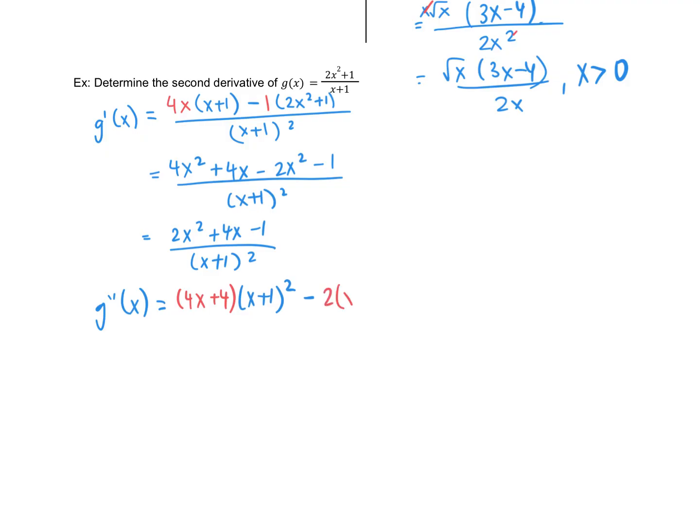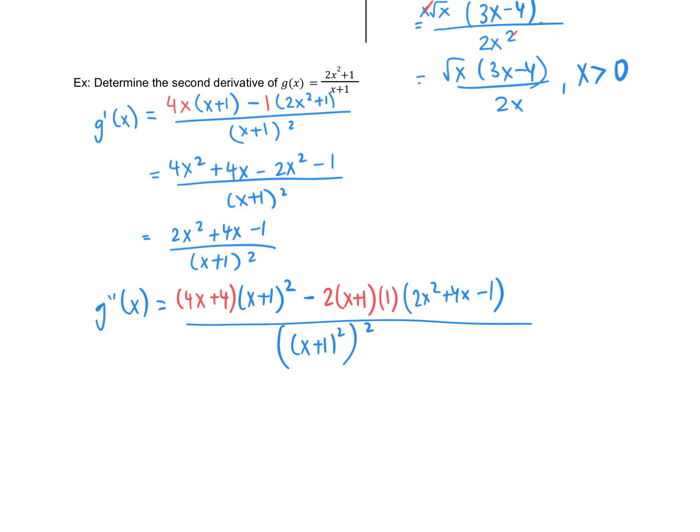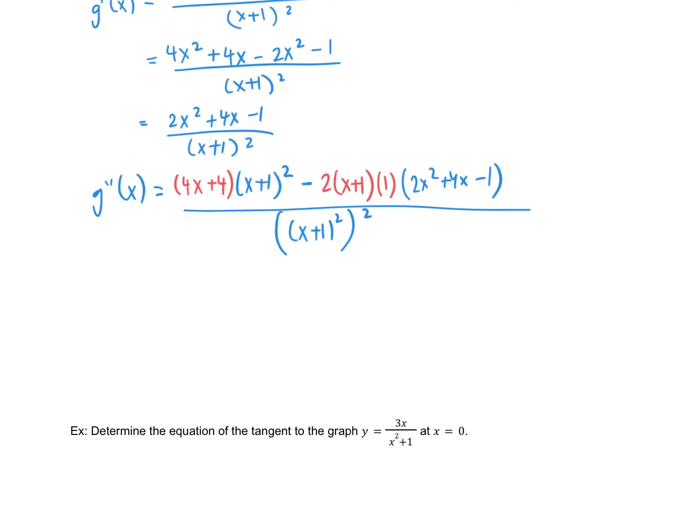Bring the 2 down, copy paste the inside, subtract 1 from the exponent, so just to the power of 1, times the derivative of the inside, which is just 1. It doesn't make a difference here, but it's important you remember that you have to take that derivative because it's not always just going to be 1. Then copy paste the original numerator, and now x plus 1 squared is going to go to the power of 2, so it'll be to the power of 4 when I clean this up.